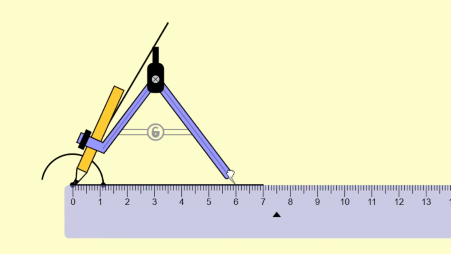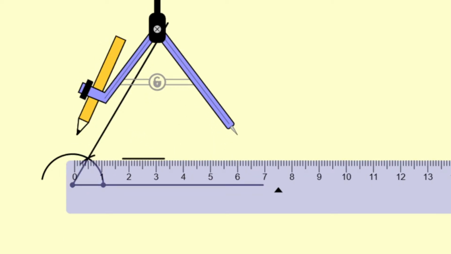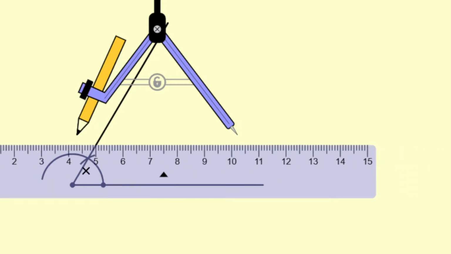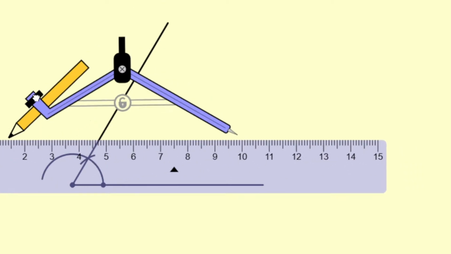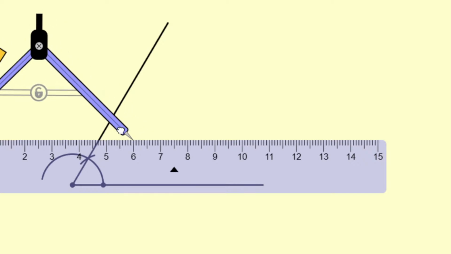You can measure the compass with the help of a scale. So the compass should be opened now 6 centimeter.